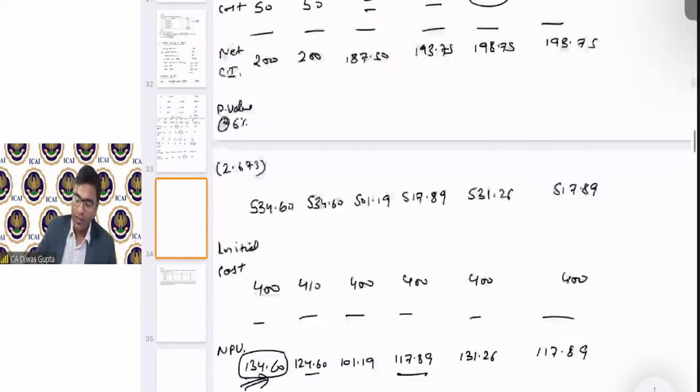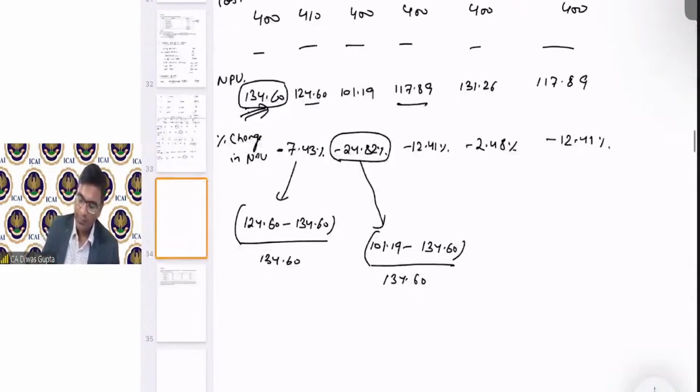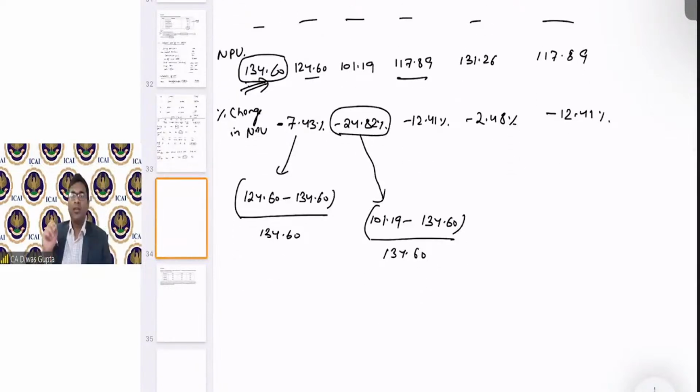So which is this 24.82? 24.82 is the selling price column, which is the C column, right? So we can say this, if the selling price moves by 2.5 percentage, it has the biggest impact on the project. Hence, the project is most sensitive.